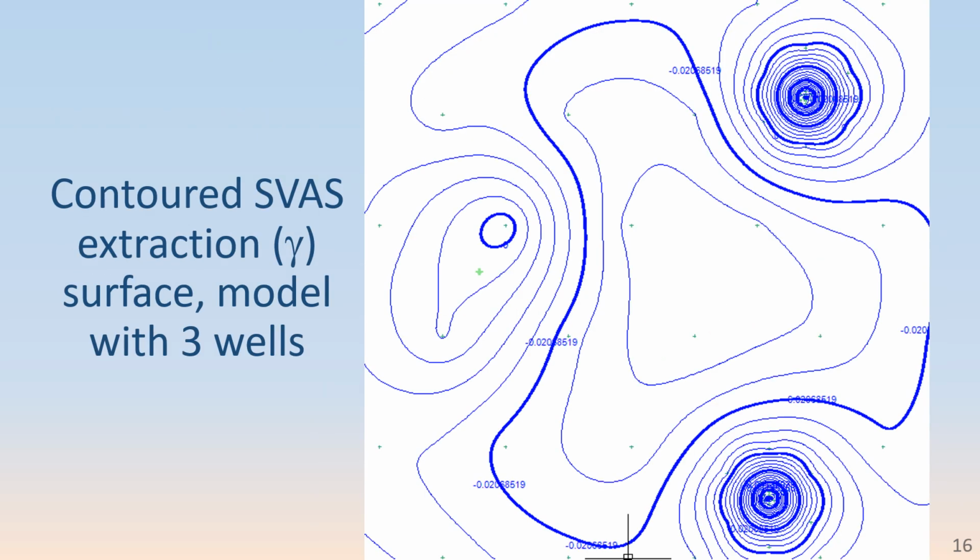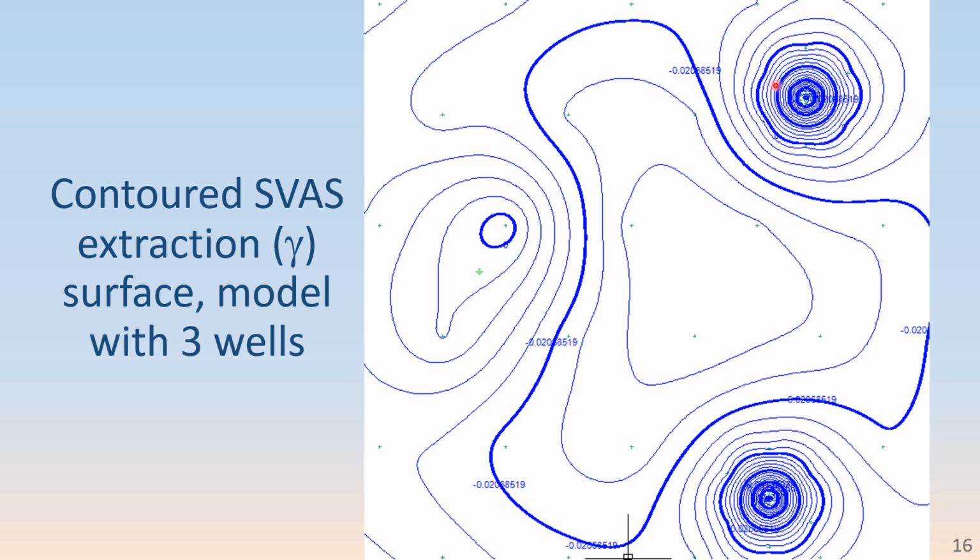Just to show you the benefit of using well basis points, I've got a model here that has 3 pumping wells in it. One right there, that big heavier green plus sign, and one here and one here. For these two I've used well basis points around them, and you can see that the simulated extraction, which is being contoured here, is roughly correct.